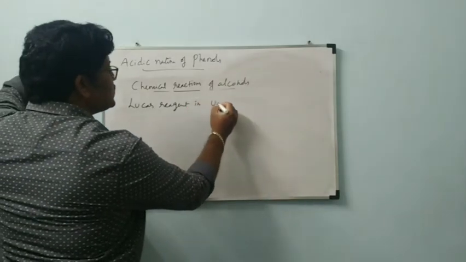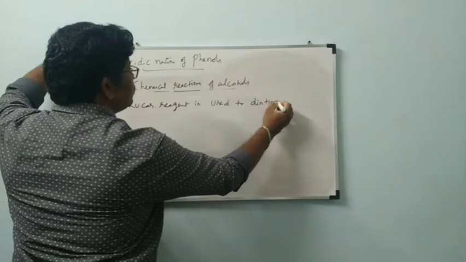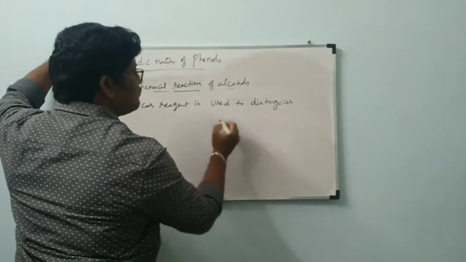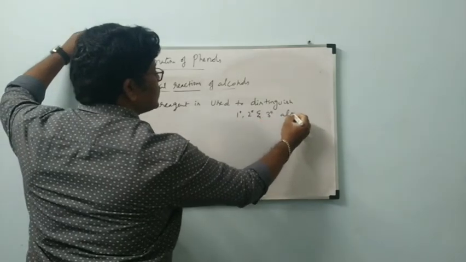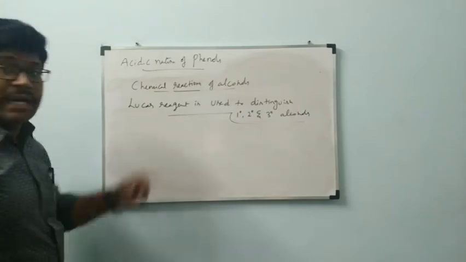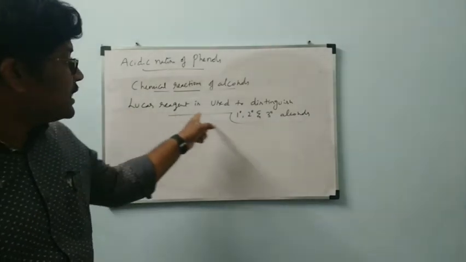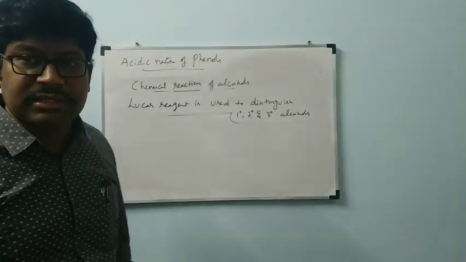Lucas reagent is used to distinguish primary, secondary and tertiary alcohols. Write that point.